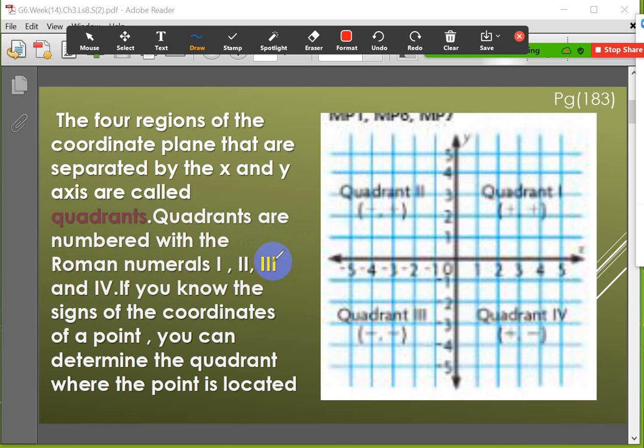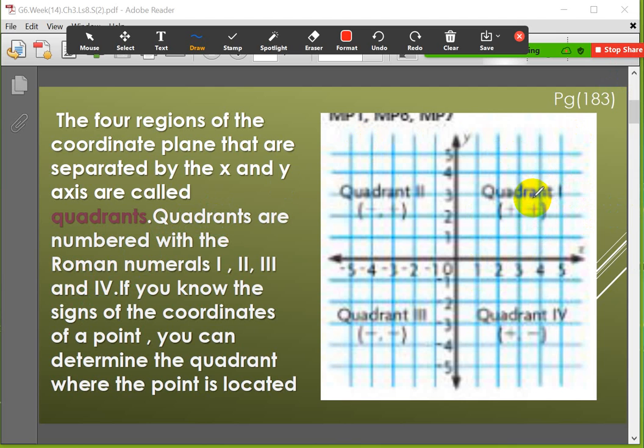You know the Roman numbers 1, 2, 3, 4. This is I. We name this one 1, 2, 3, and 4. So we have to save those quadrants.